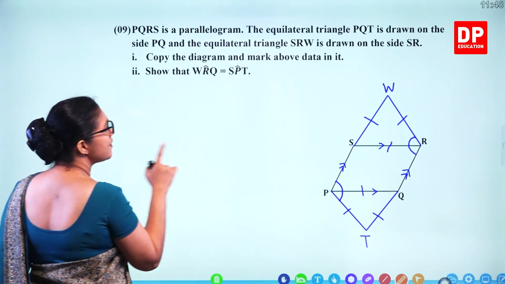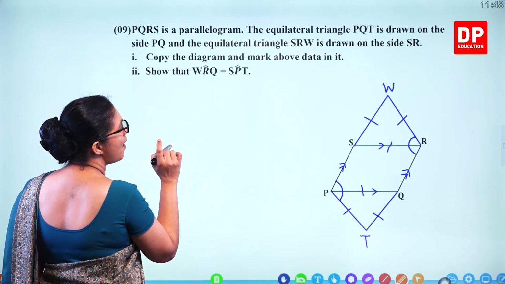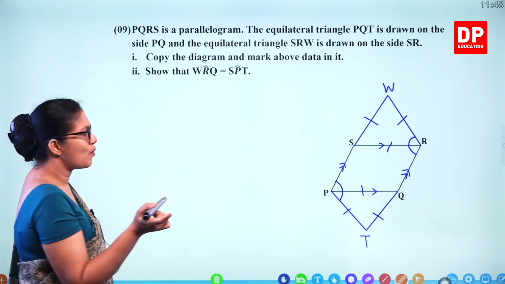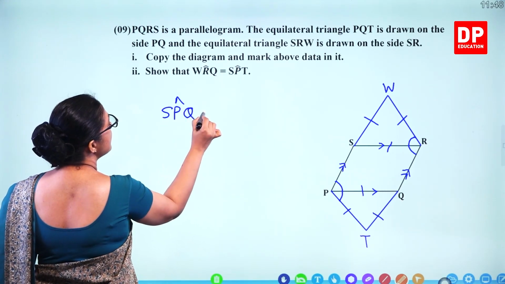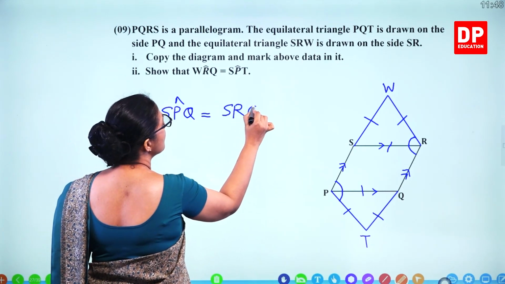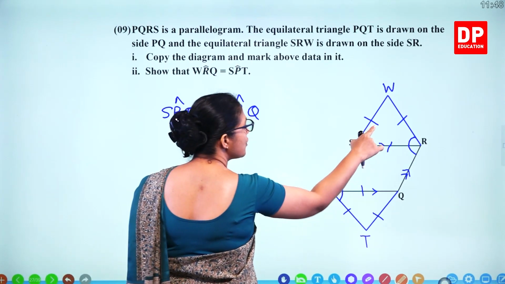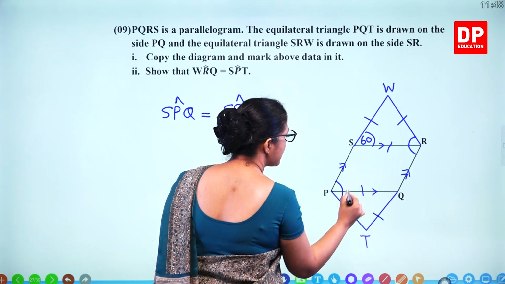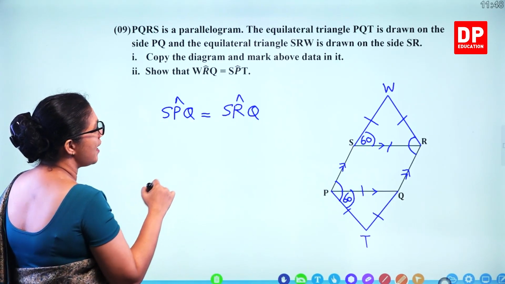When you take the parallelogram PQRS, we know opposite angles are equal. So angle SPQ is equal to SRQ. And we know these are equilateral triangles, each angle 60 degrees. So these two are equal.